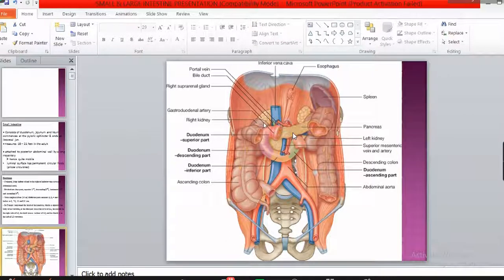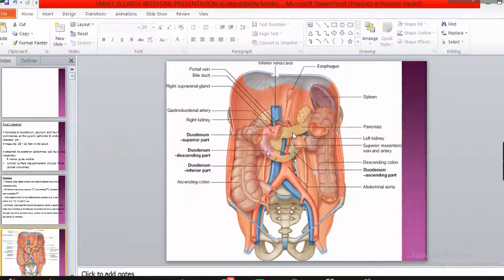You see the kidney posterior there, and then it turns at 90 degrees to cross over the body of vertebra T12, and it crosses anteriorly to the inferior vena cava over there, and the abdominal aorta, and then the fourth portion of the duodenum.